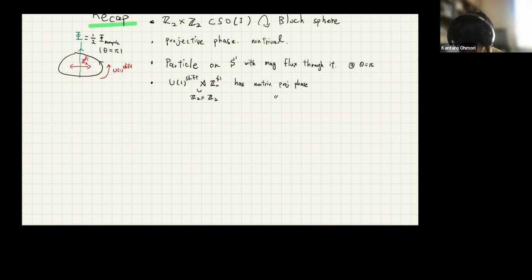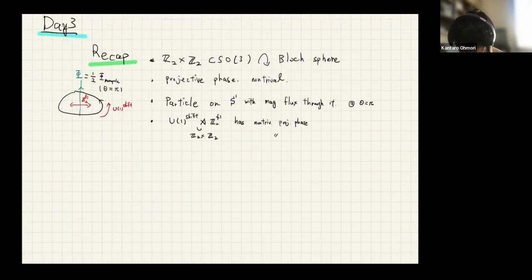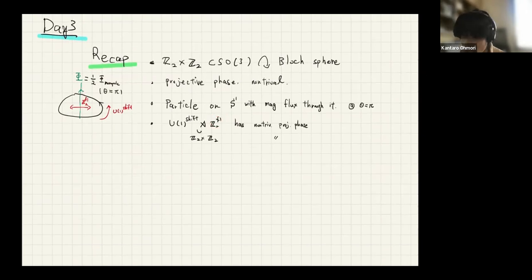This Z2 is broken away from theta equals 0 or pi. At theta equals 0, this Z2 is of course preserved, but nothing particular happens, and there's no non-trivial projective phase. When theta equals pi, this Z2 has a projective phase.